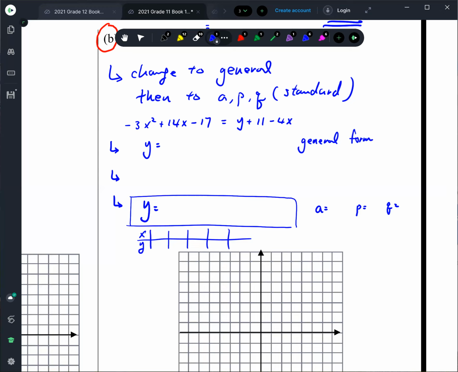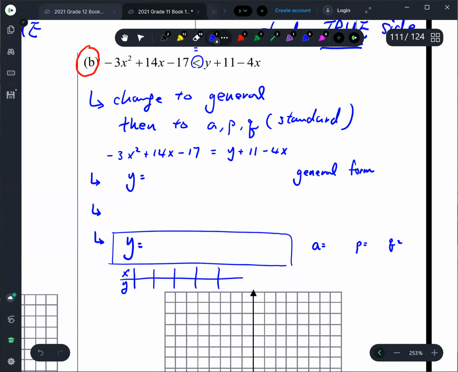Where are you now? I'm stuck. Do you know what general form is? It looks like y equals a bracket x minus b squared plus q.